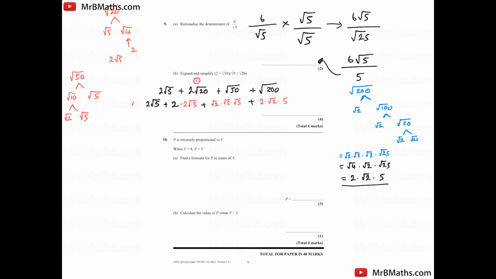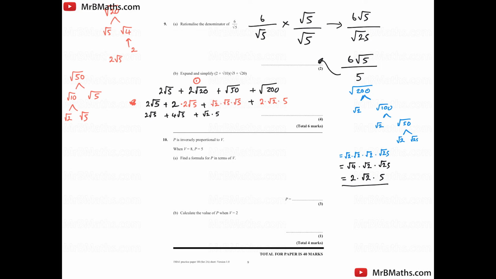Now if I have a look at this, I need to see if I can simplify now. So I've got 2 root 5, so let me keep it as that, plus 2 times 2 root 5, so I'll then do 4 root 5 plus, I've then got root 2 times root 5 times root 5, well that can become root 2, and that would be root 5 times root 5, which could be root 25, and the square root of 25 is 5.